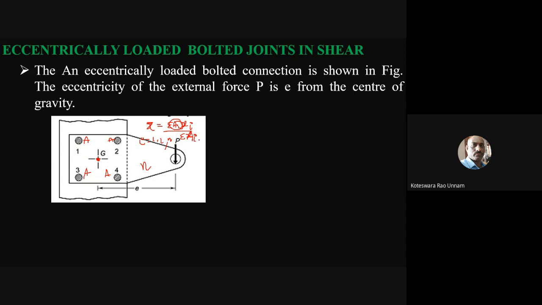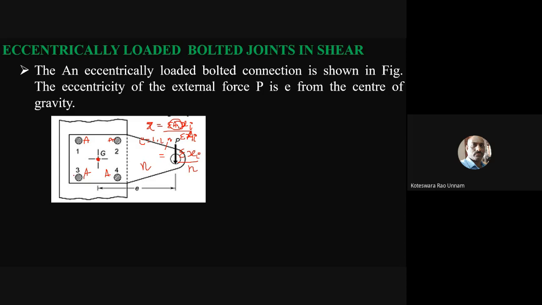So in that case, since the area is constant, I can cancel out sigma ai by ai, then finally what you'll get is x bar is nothing but sigma xi divided by n, where n is the number of bolts.